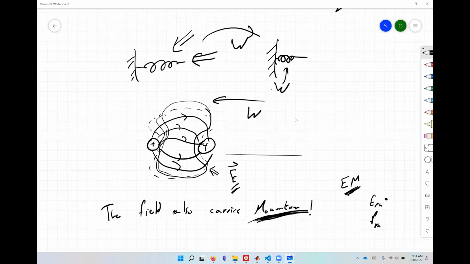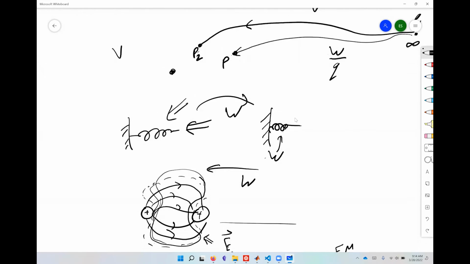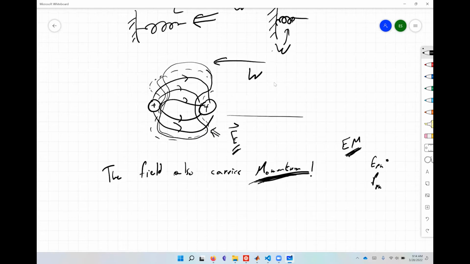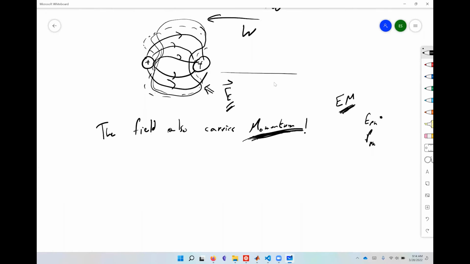So the first introduction into the concept of energy is in the scalar field of the electrostatic field, the voltage.